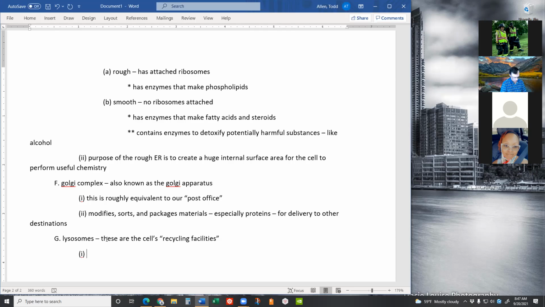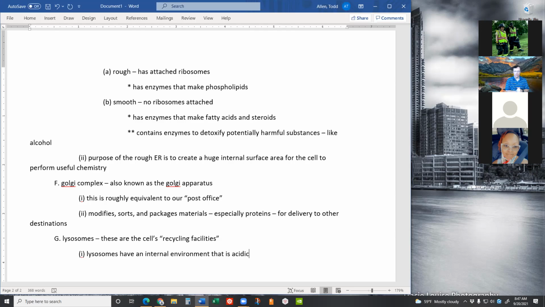Okay, so lysosomes have an internal environment that is acidic. So there's a lot of acid inside the lysosome. Makes sense that there would be acid because acids are useful in breaking things down, right? Think about it. You have acid in your belly to break down the food you eat. So cells will contain some acid in the lysosomes to break down things that need to be recycled.